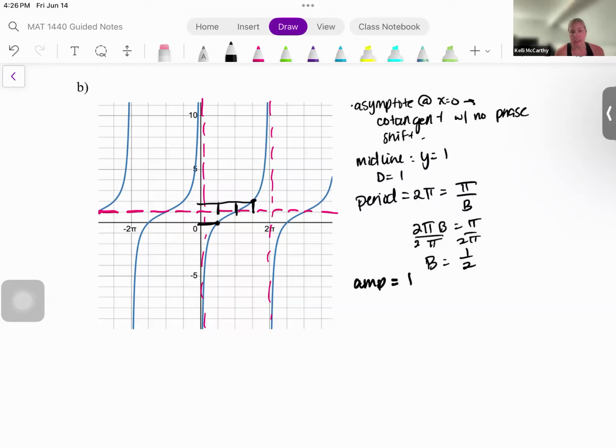One other observation to make is that cotangent typically starts from the top and goes to the bottom. Since we're starting from the bottom and going to the top, then we have a reflection about the x-axis. And that reflection is illustrated in the equation by making the amplitude negative.